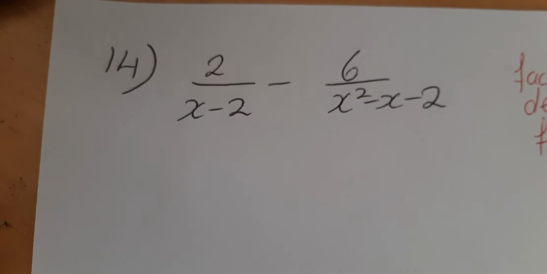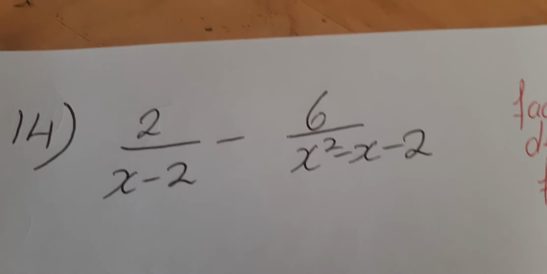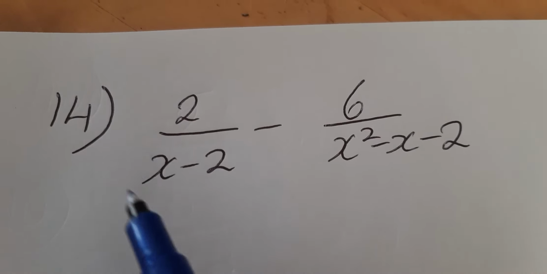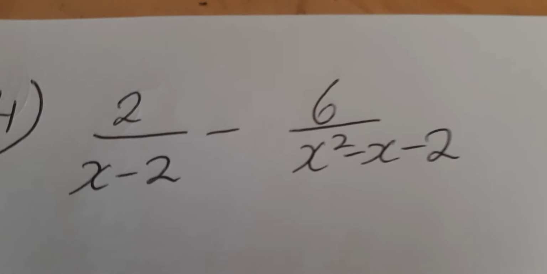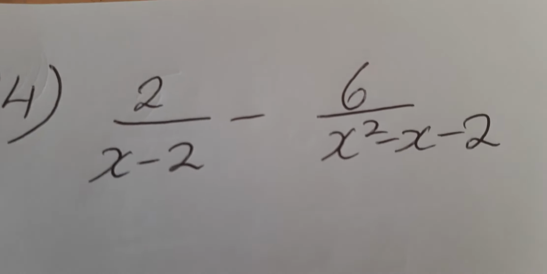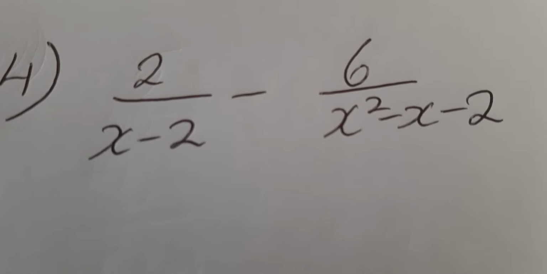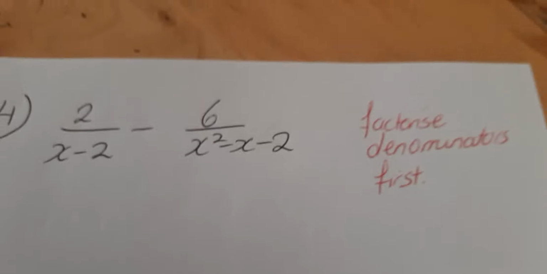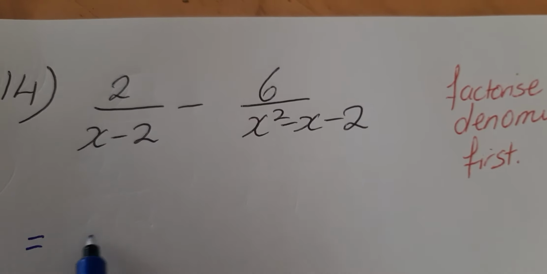Right, this might actually be our last one now. Now this one here, we notice we have an x minus 2 here, and here we have a quadratic that actually factorizes. If you see that the denominator factorizes, then you need to factorize that. Okay, so make sure you factorize any denominators first when you're adding, subtracting.